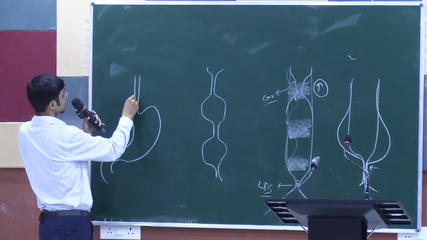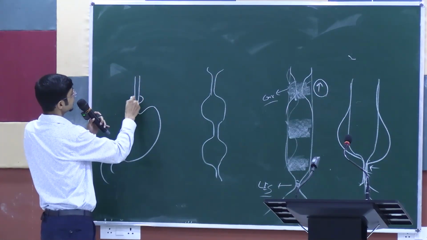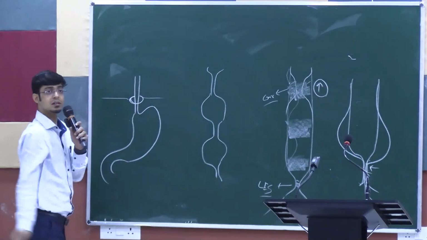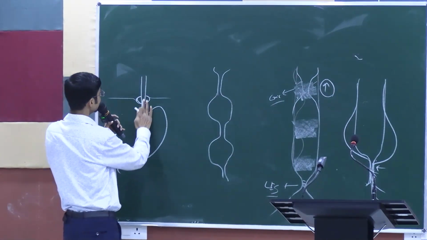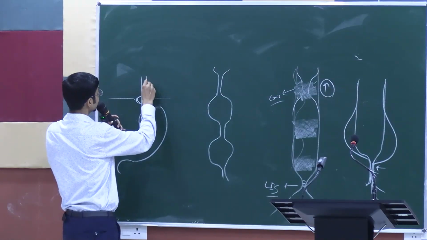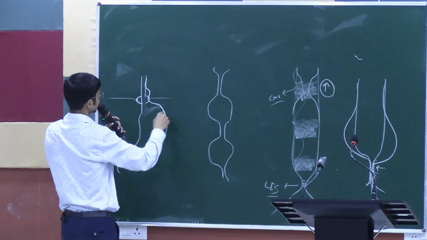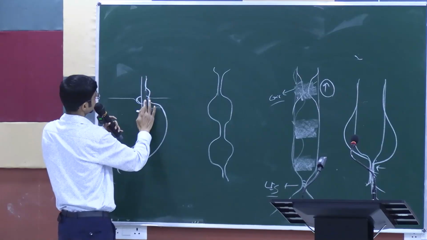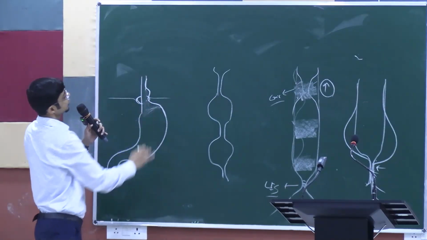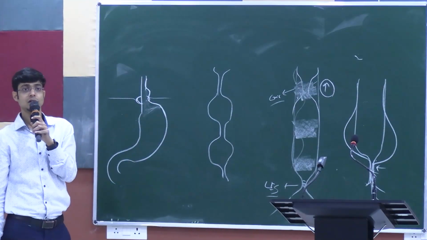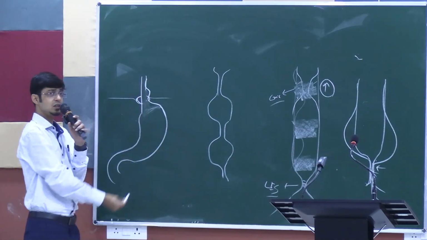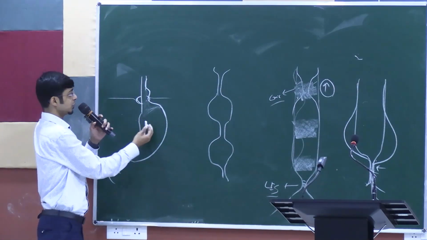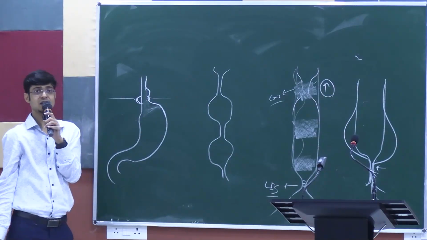This is the esophageal sphincter. That's the normal. Sometimes this may go up through this opening. So the entire thing along the esophagus, along the vertical line of the esophagus, may go up inside.